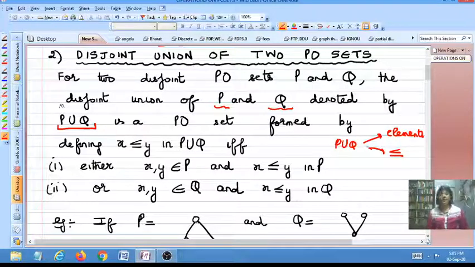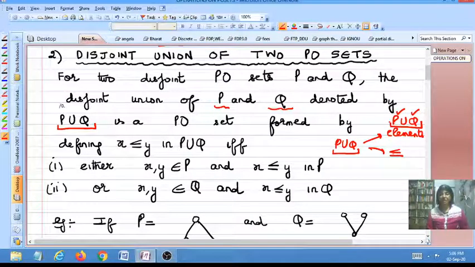As far as the elements of P union Q are concerned, the elements of the disjoint union are the same as those in the normal union of two sets that we find. So take the elements of P, take the elements of Q, and their union will give the elements of the disjoint union P union Q. Then the second thing is how to define the less than equal to relation on the disjoint union.